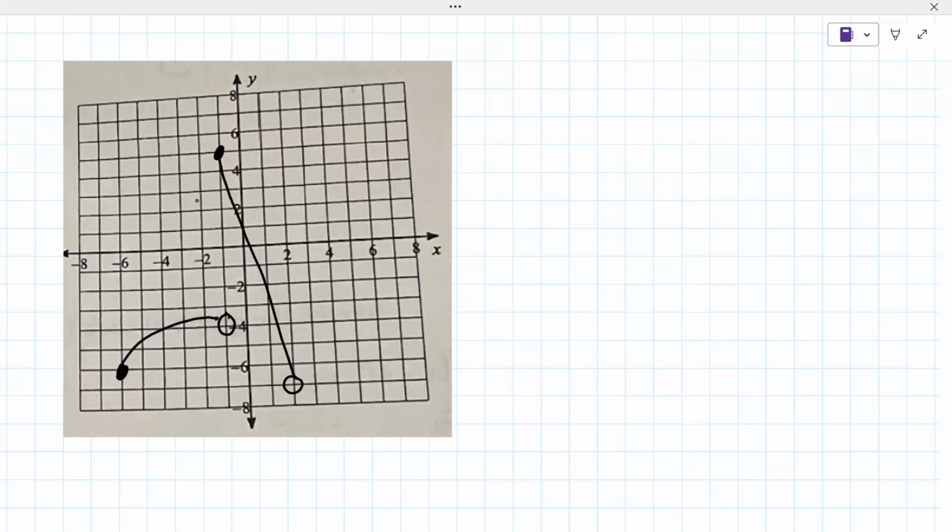The last piece there is 2, -4, 3, -5, 4, -4. And we actually need a couple more pieces, which I'm going to graph here for you, because it's a quadratic.